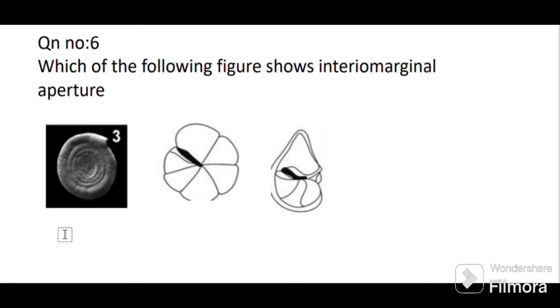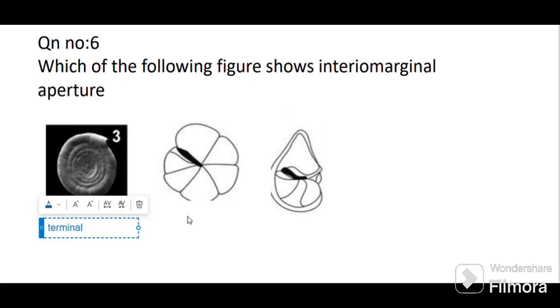Question number 6. Which of the following figures shows interior marginal aperture? These figures show foraminifera and different positions of the primary aperture. The first figure shows the terminal position of aperture, so it's terminal aperture.